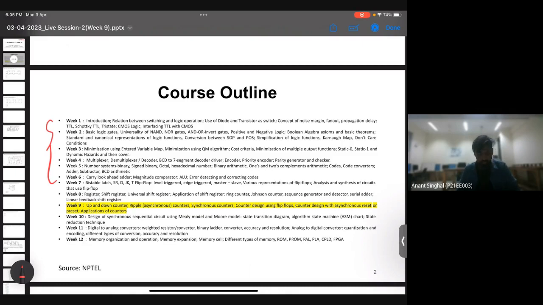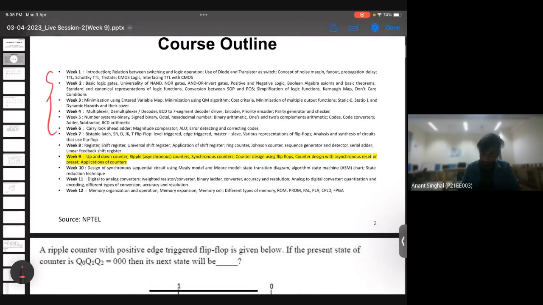Till now, we have covered the basic flip flops and all the registers and basically all the synchronous counters which require a clock at the same time. In this week, we'll be covering the ripple counters, which are also known as asynchronous counters. In this, we require more application of knowledge since we have clocks which are not synchronized. So we'll be dealing with some up and down counters, some synchronous counters also, and we'll design some counters using some flip flops. So let's start the week 9 session with the first problem.